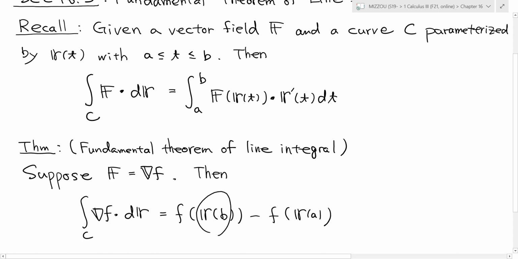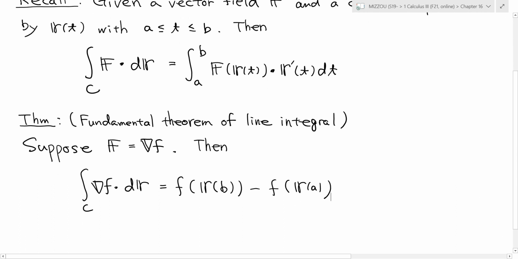So pictorially, here's a curve, t is equal to a, and t is equal to b. The curve goes like this.